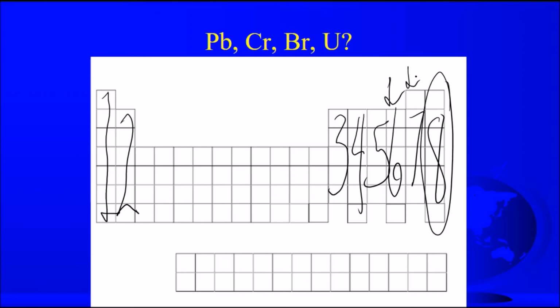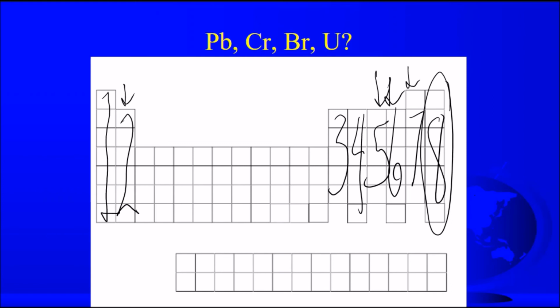If you fall in this column, what's your goal? Gain 2. Why? How many do you have? 6. How many do you want? 8. If you fall in this column, what do you want to do? You have how many? You need how many? How about this column?